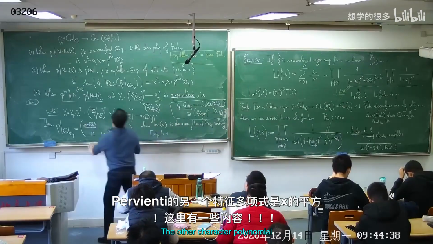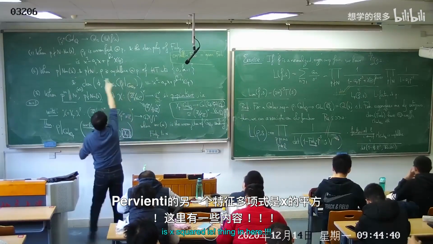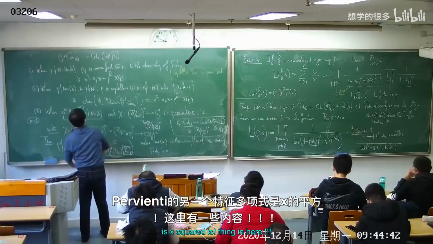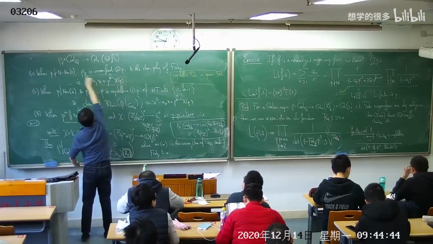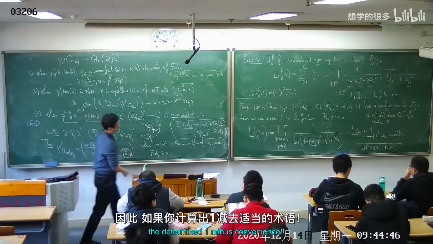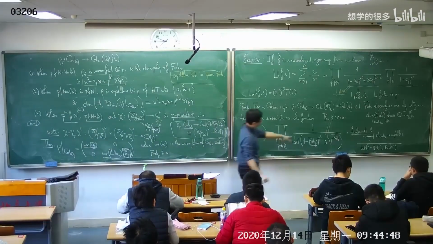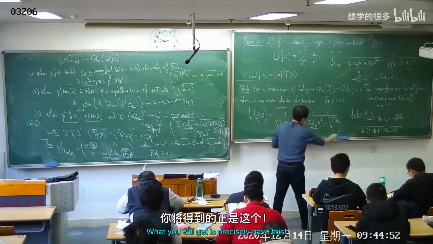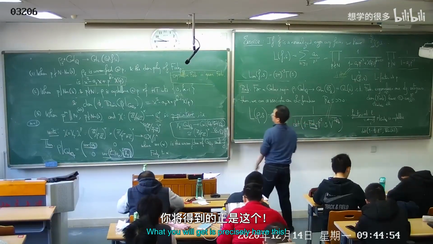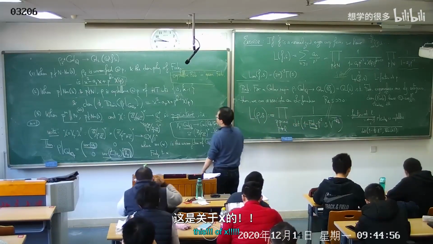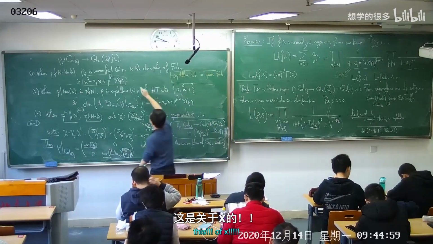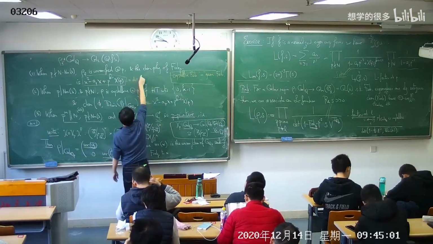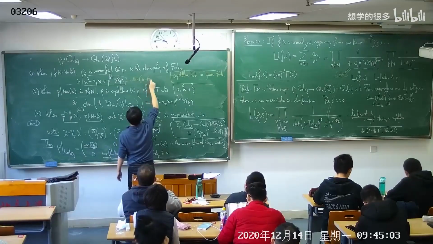The characteristic polynomial of Frobenius P is x squared minus this thing in here. So therefore, if you take the determinant of 1 minus Frobenius P to the negative S, what you will get is precisely this, the determinant of x minus Frobenius P on B.